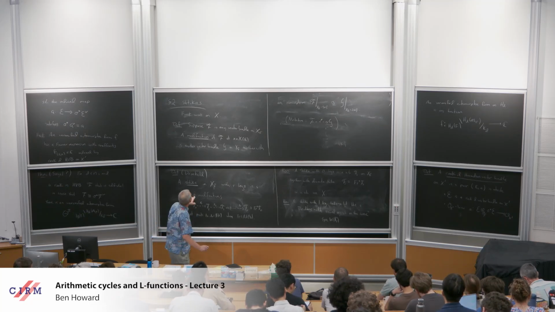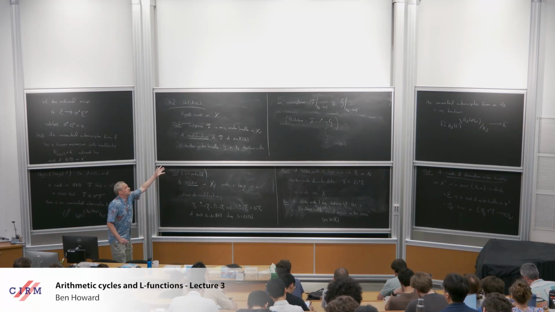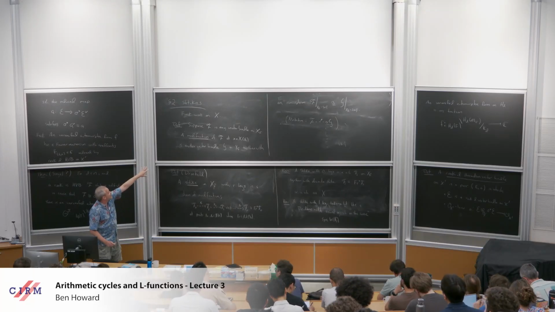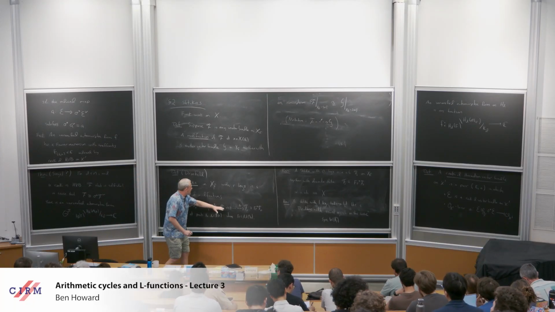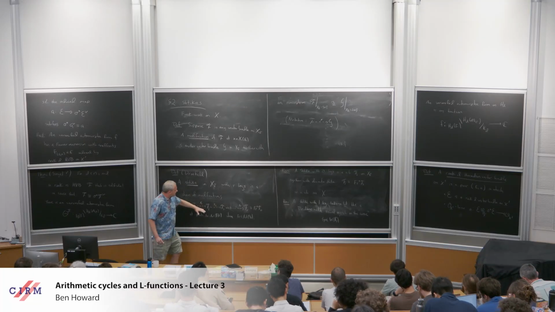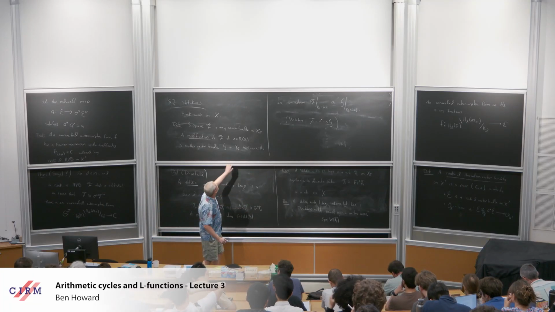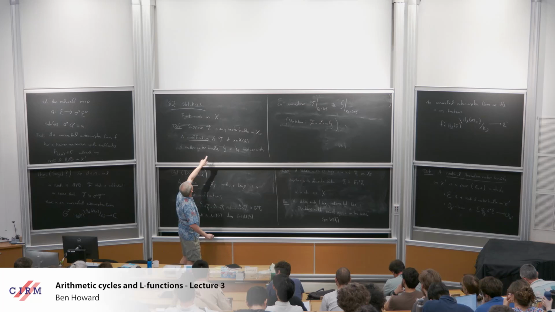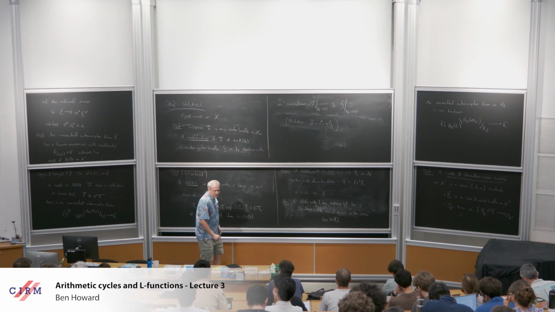Okay. So this would be a GL_n shtuka, where n is the rank. They should have the same rank. I didn't write that, but a GL_n shtuka would be a chain of modifications of vector bundles. I guess being the same rank is built into the definition of a modification.